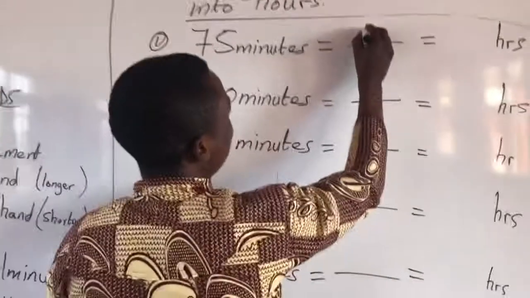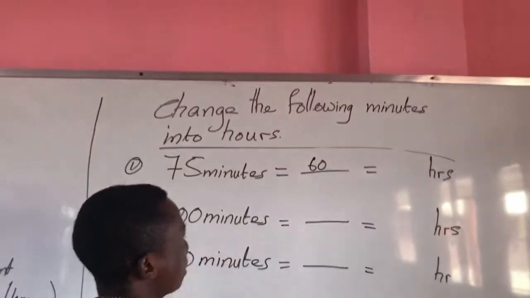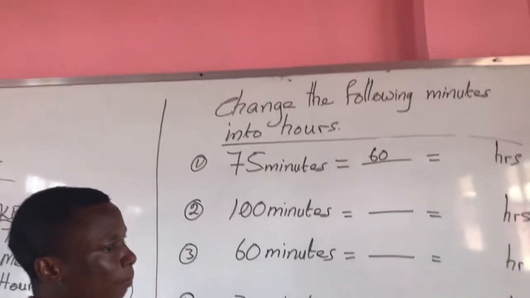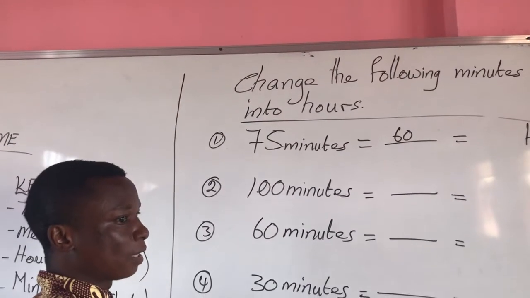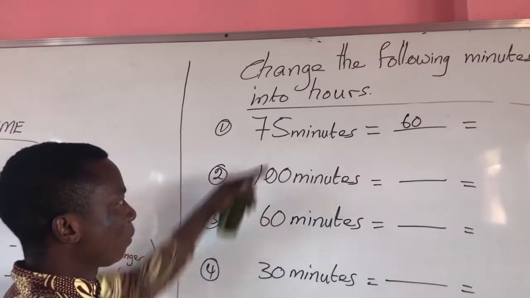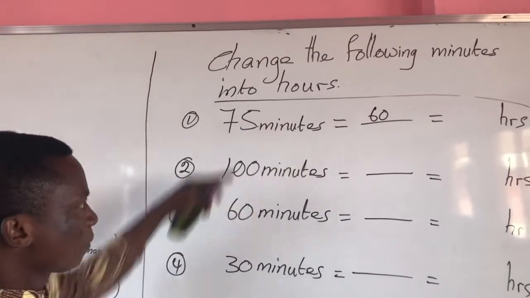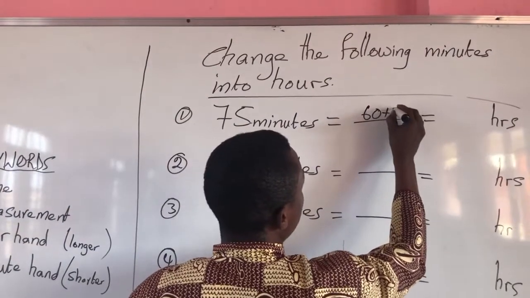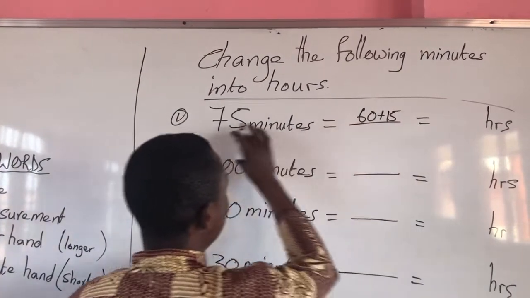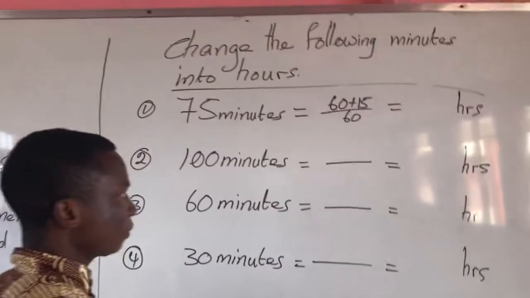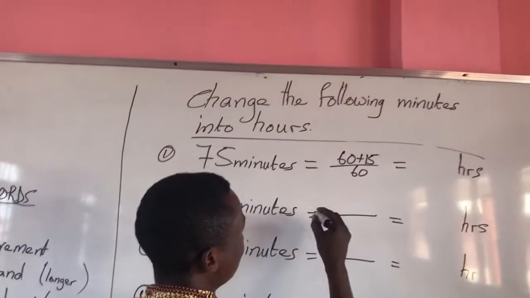So 60 plus what? 60 plus 10 is what? 70. But we are looking for 75. So 60 plus 15 will give us 75. Then we write our 60 under it. Now look at this.